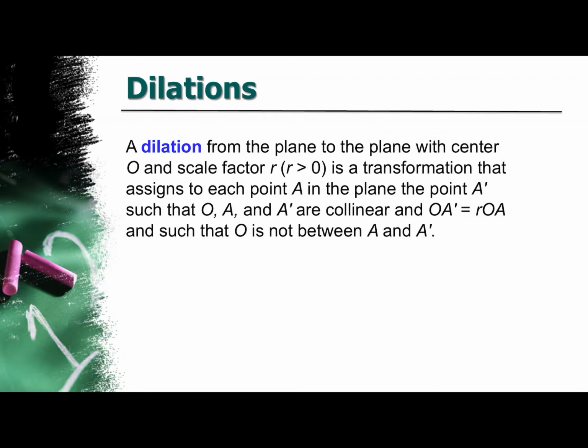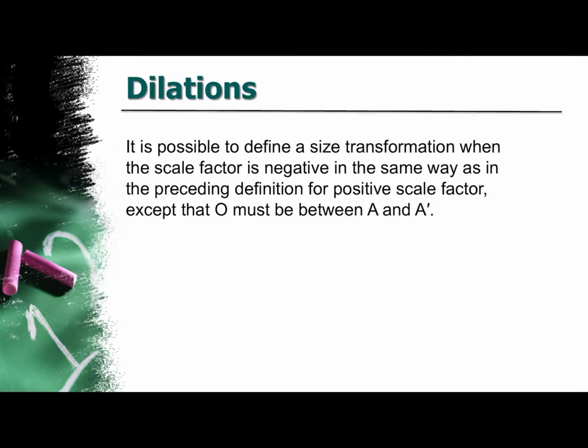And the distance from O to A prime is R times the distance from O to A. So if R is 5, then it would be 5 times the distance OA. So R is that scale factor, that's what you multiply the size by.